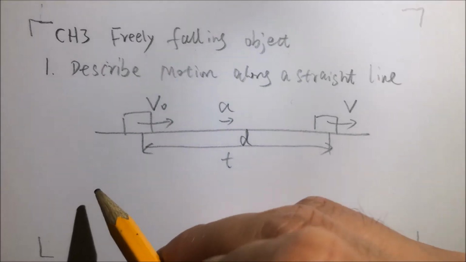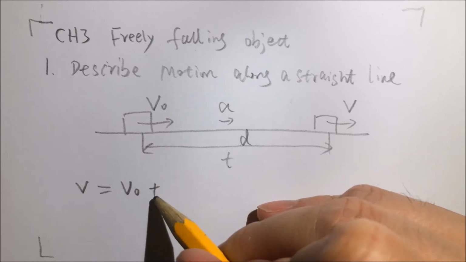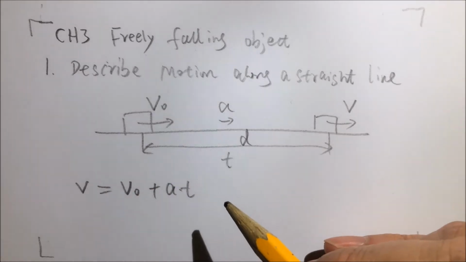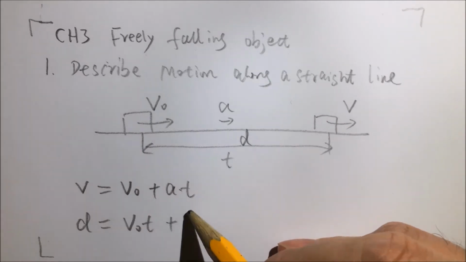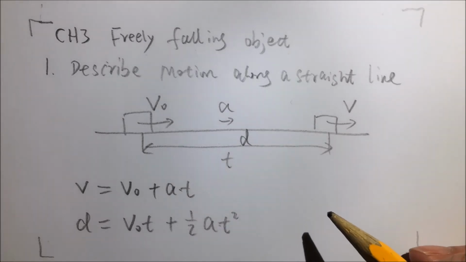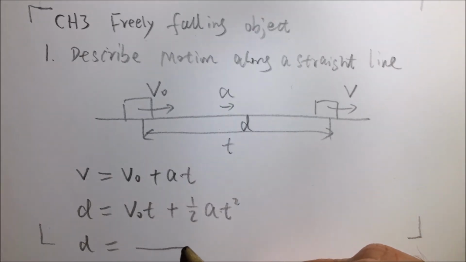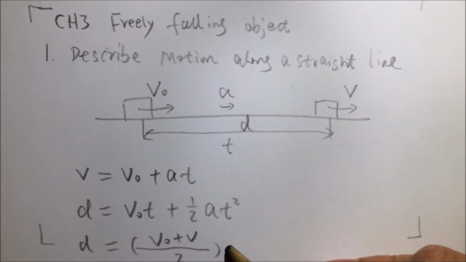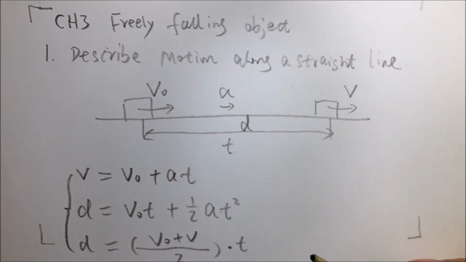The final velocity will be equal to initial plus acceleration times time. And we have the distance equal to v0t plus 1/2 acceleration times t squared. We also have the third equation, which is the distance equal to the average velocity times the time. So those are the three equations describing the motion along a straight line.